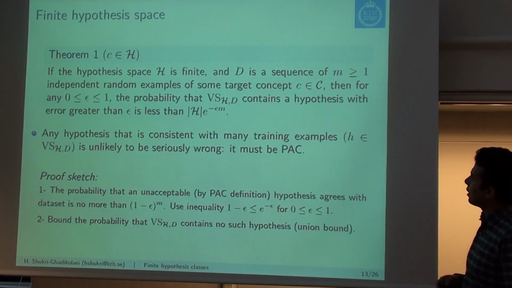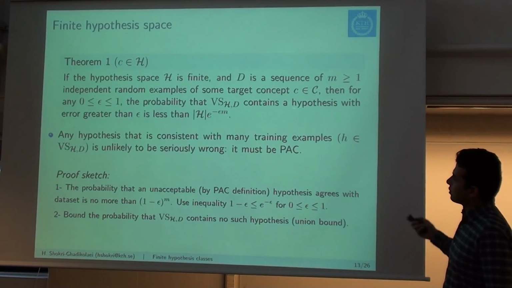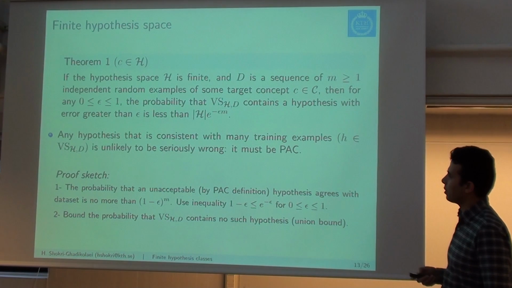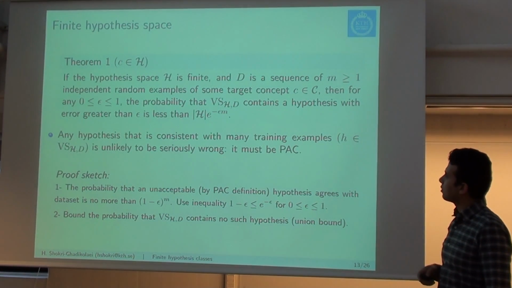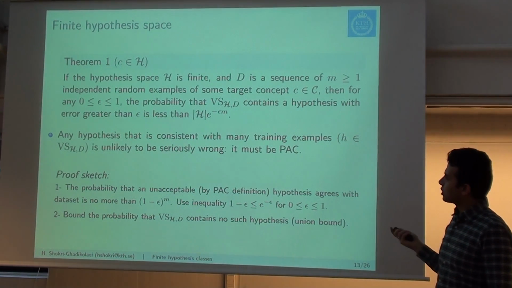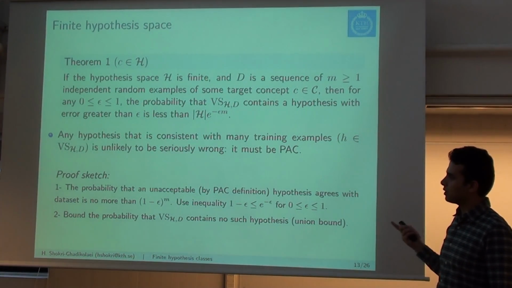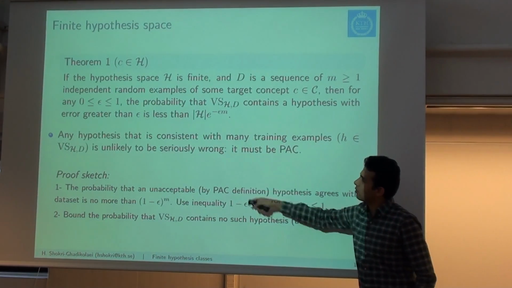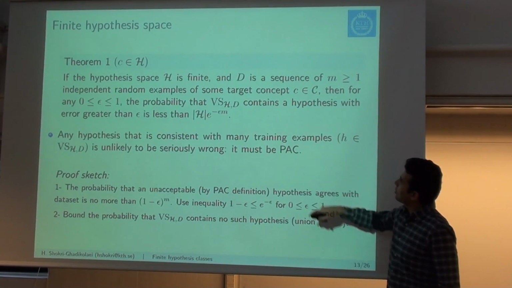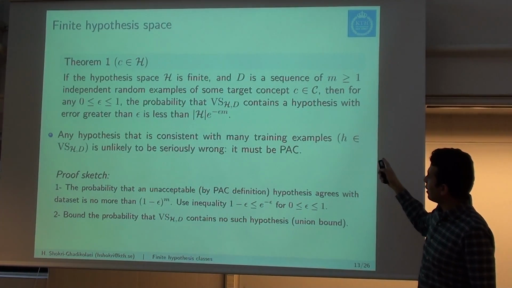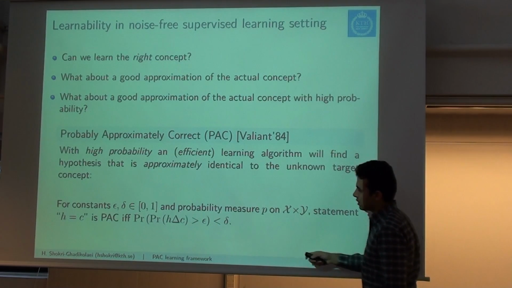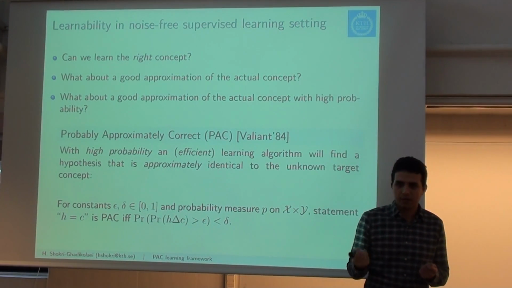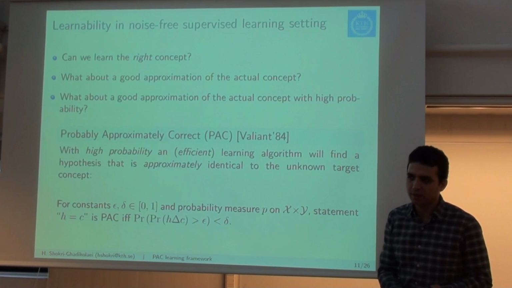So, for any epsilon between 0 and 1, this is the tolerance of your error, the probability that the version space contains a hypothesis with error greater than epsilon is less than delta. So this is your delta, this is your epsilon, and the version space contains a hypothesis with error greater than epsilon. We will come back to the version space, but the version space was the space of hypotheses with no error on your data set. Okay?